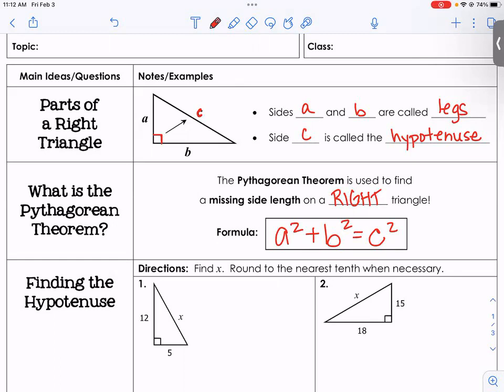Now, the Pythagorean theorem can only be used on a right triangle. So make sure you write that in. And what did we decide about C? Raise your hand. C represents which side of the triangle? Hypotenuse.